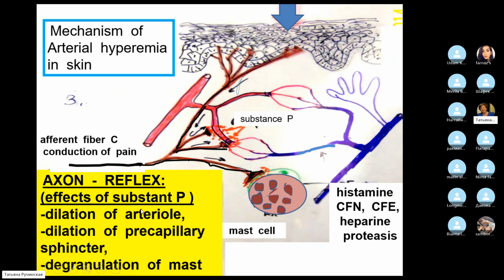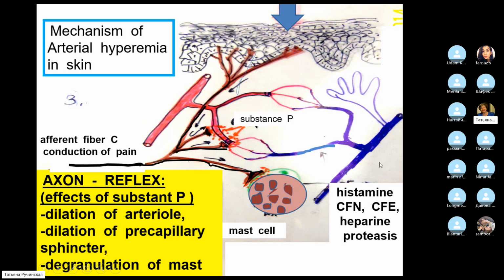This is the effect of dilation of the arteriole, increased number of functional capillaries, increased permeability, you see, and degranulation of mast cells. When mast cells degranulate, in their granules there are mediators in ready form. That is why they are named preformed mediators.